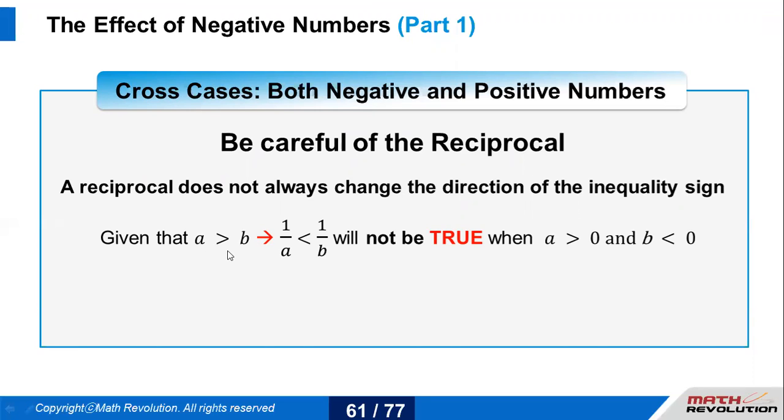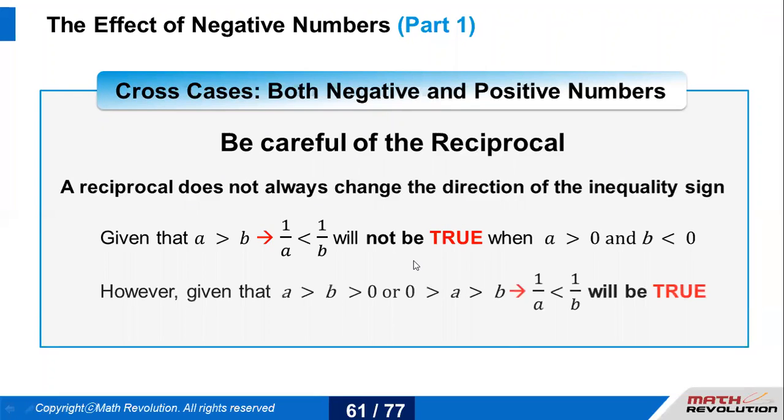If a is greater than b, then 1 upon a is less than 1 upon b is not always true. If a is greater than b and b is greater than 0, or if 0 is greater than a and a is greater than b, then 1 upon a less than 1 upon b will be true. So make sure what it is. So don't learn the concept superficially.